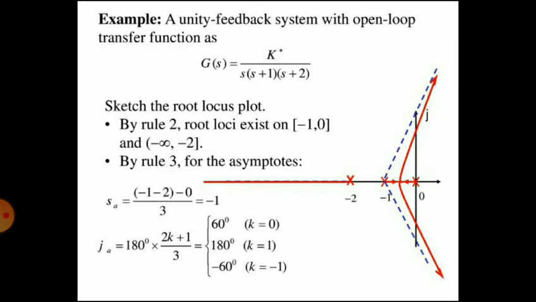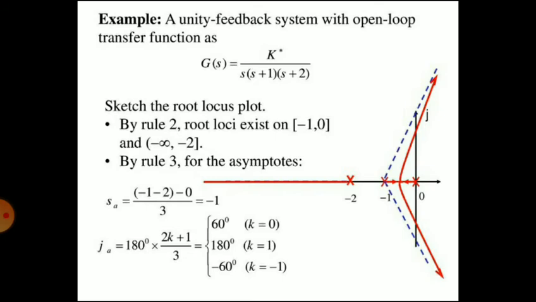So by the rule, the root loci exist on minus 1 to 0 and minus 2 to minus infinity. So these are the poles. The number of zeros will be equal to 0, and the poles are 0, minus 1, minus 2, as you can see on the graph.